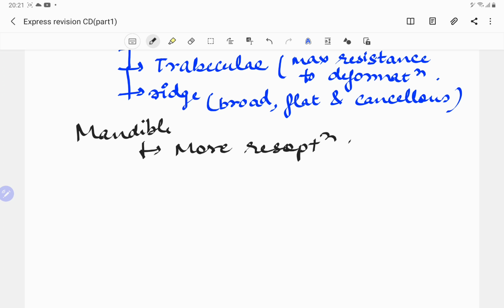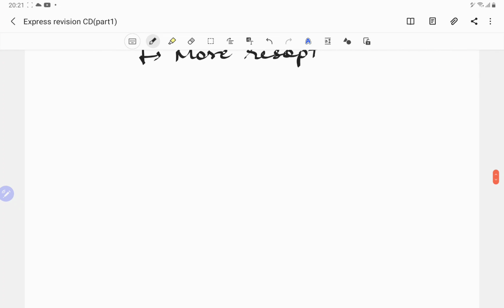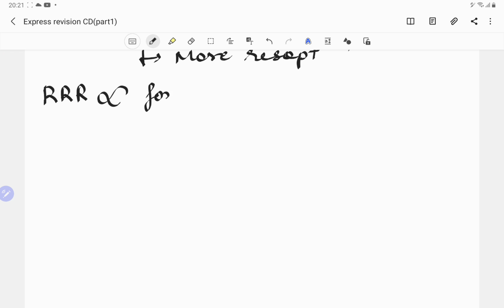So if we look at what are the factors influencing the residual ridge resorption, if the forces are more, the resorption will be more. So the forces are directly proportional to the residual ridge resorption. If the patient is having any bone disease, if the patient is having osteoporosis, that means the bone resorption will be faster.